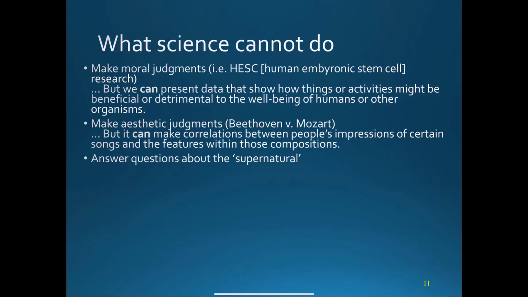We also can't answer questions about the supernatural, right? Supernatural entities, if they do exist, tend to have features that are by nature not observable by typical detection methods, right?